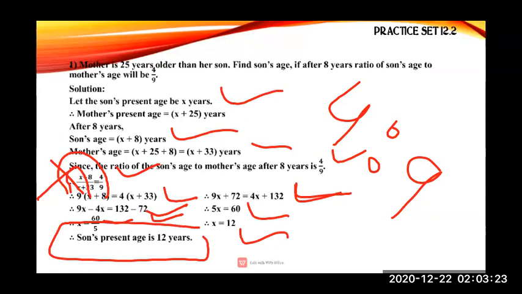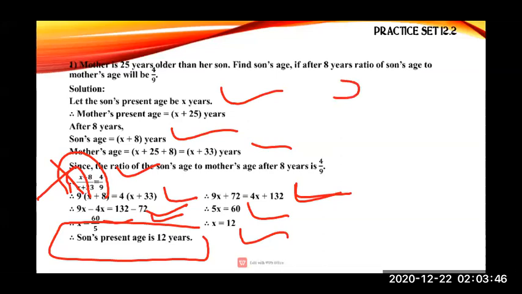If they ask for the mother's present age, so what you have to do? You have to add 12 plus 25, because the mother's age was x plus 25. See, it is not asked there. If they ask find the son's age and mother's age, so son's age we got x equal to 12 and mother's age was x plus 25.